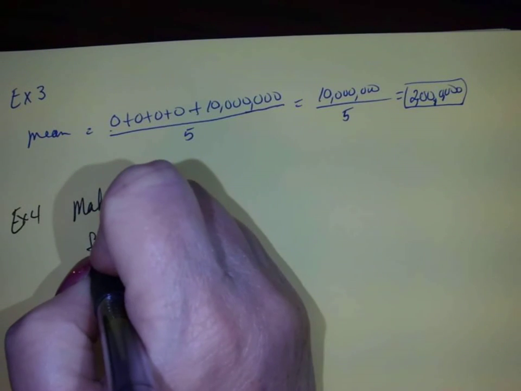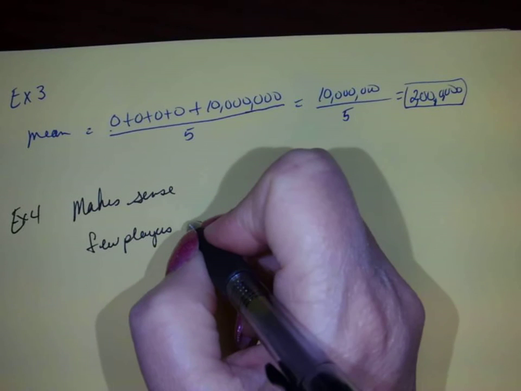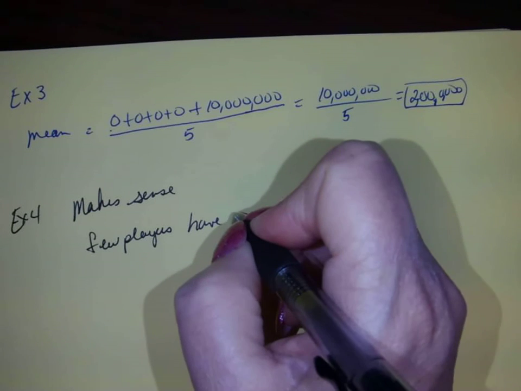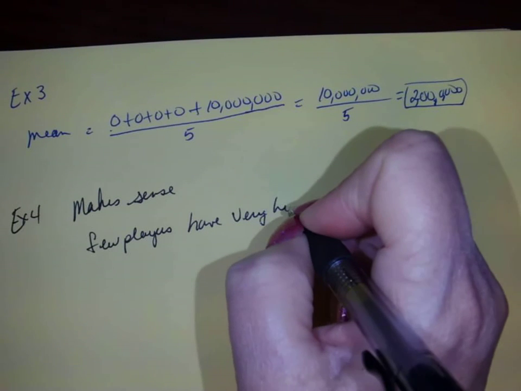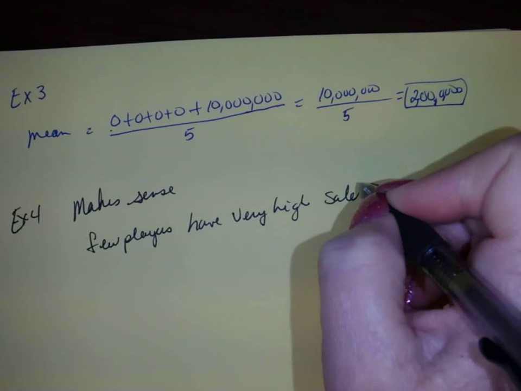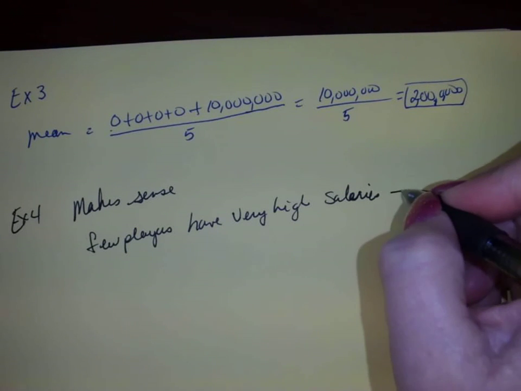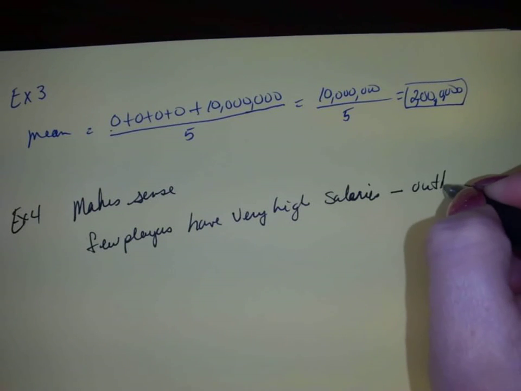Because we have a few players who have very high salaries. And this will make them outliers.